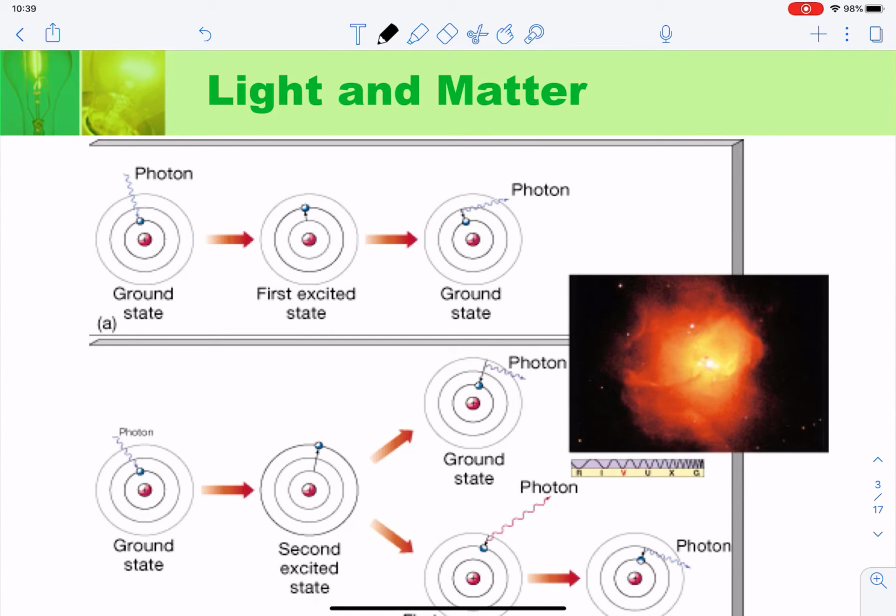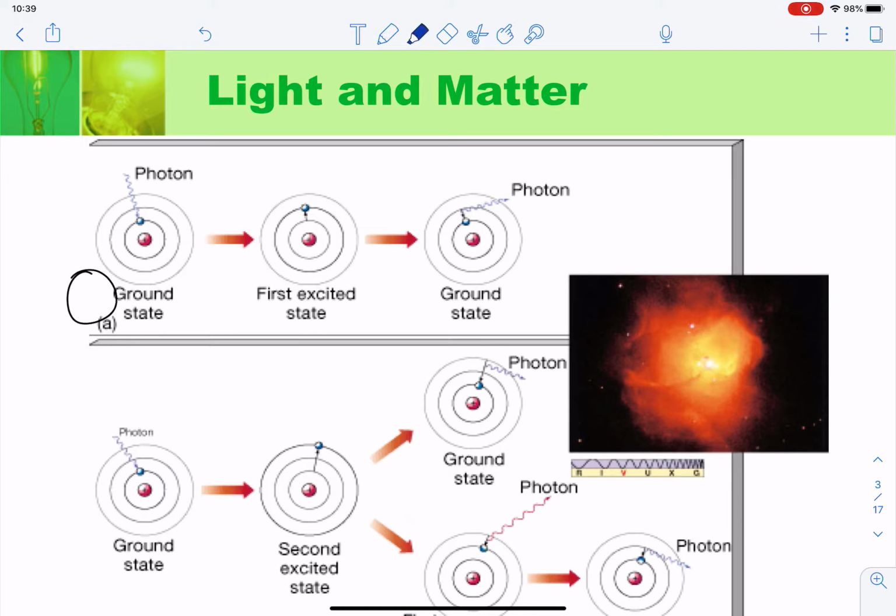We've talked about this before, but if we look at this diagram, atoms have electrons on different energy levels, and normally they exist in their ground state. You have to fill your lower energy levels first before you can move up to the higher ones. That is always true for the ground state of electrons.